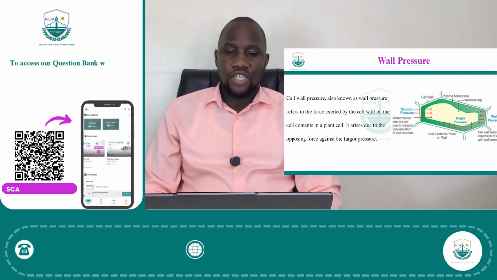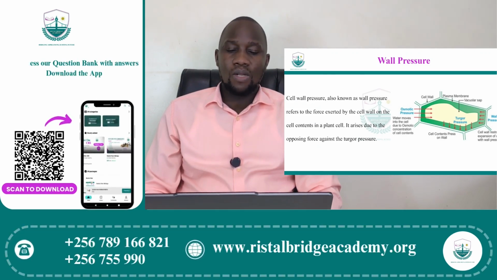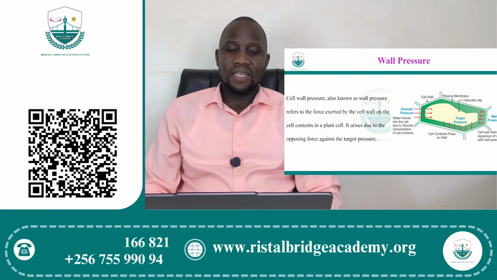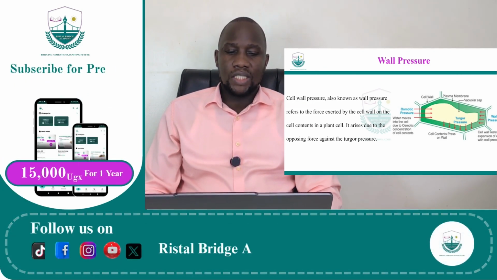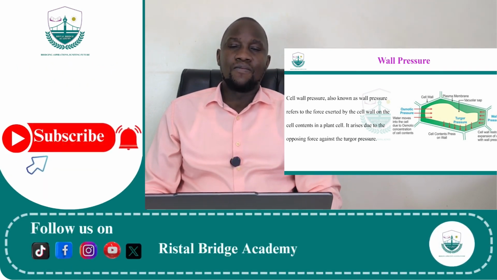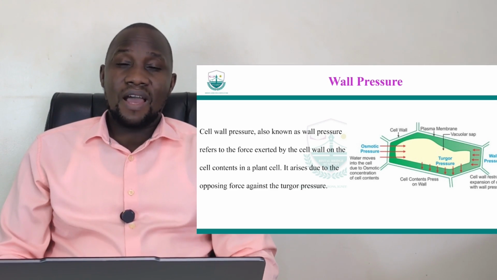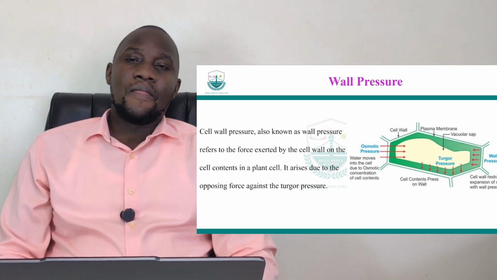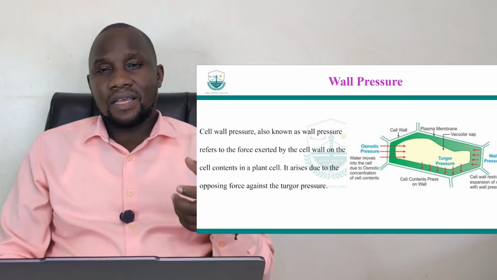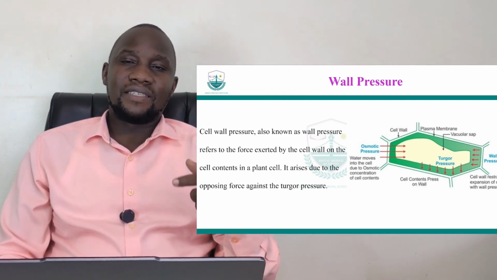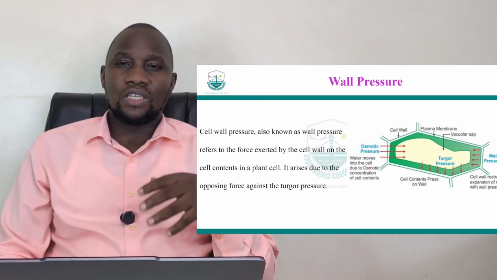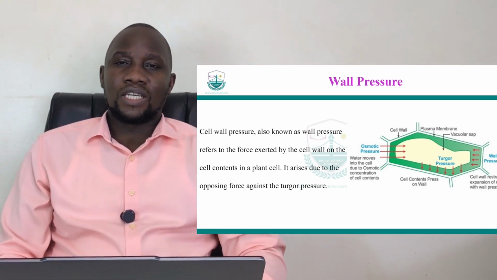Cell wall pressure, you can call it the wall pressure. It refers to the force exerted by the cell wall on the cell contents in a plant. So remember, if you have a cell that is placed in a hypotonic solution, it takes in that water.